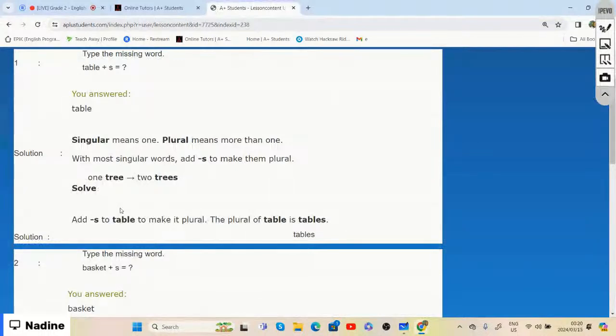So basically we said singular means one, plural means more than one, and with most of our singular words, we just add an S and then we make them plural. And we made examples like ear plus S is ears, string plus S is strings. Tree plus S is trees.